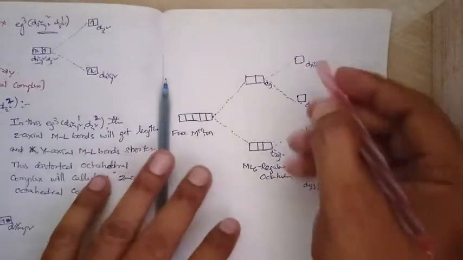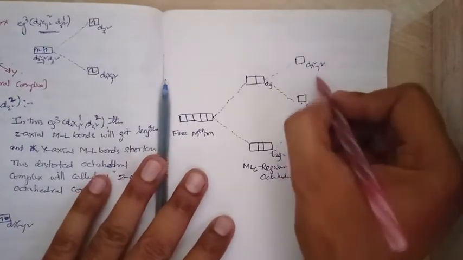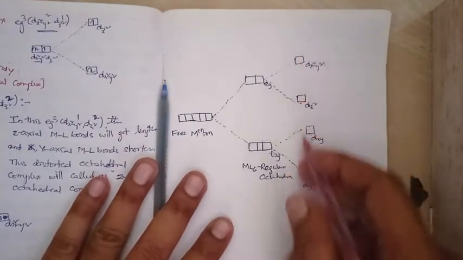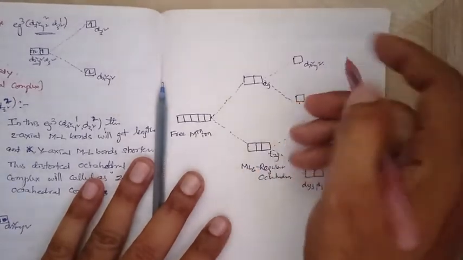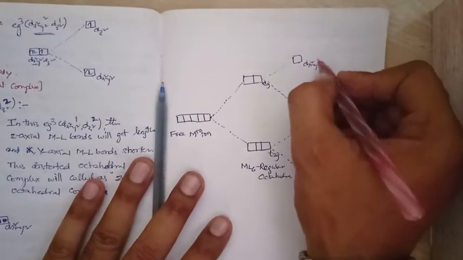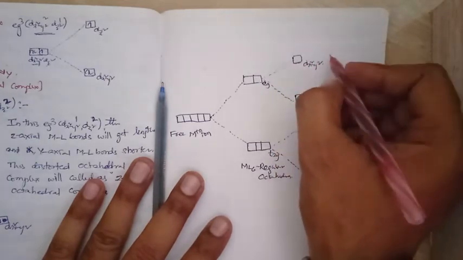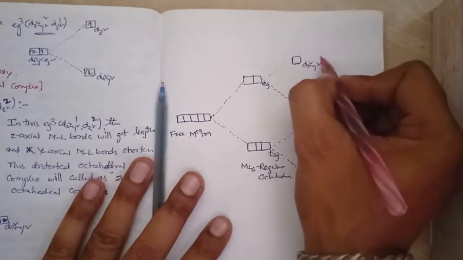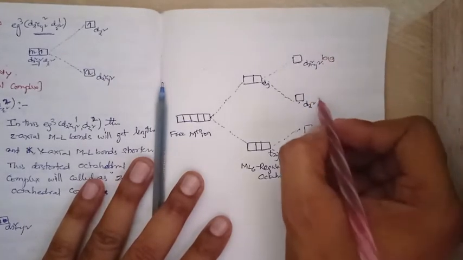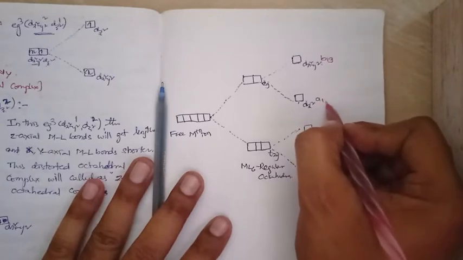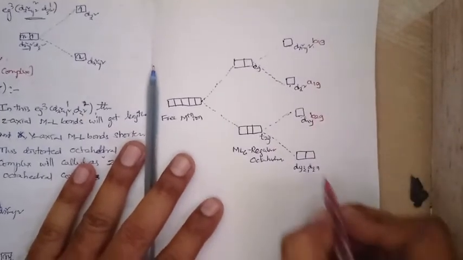After all this splitting, it is indicated with Mulliken symbols, right? All these newly generated energy states will be symbolized with Mulliken symbols. This singly degenerate orbital is symbolized with B1g. This will be indicated with A1g. This is indicated with B2g.